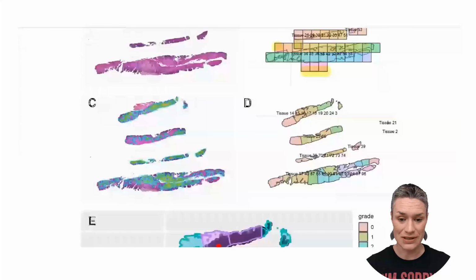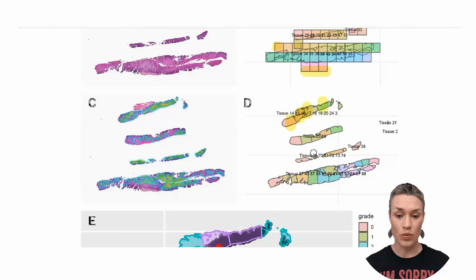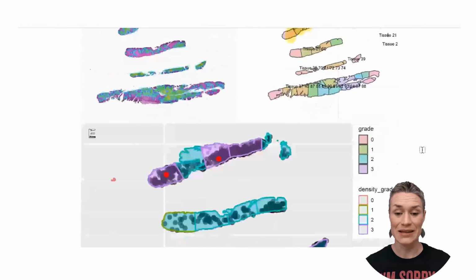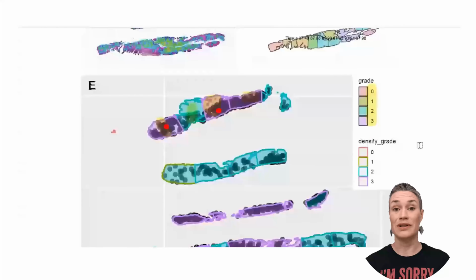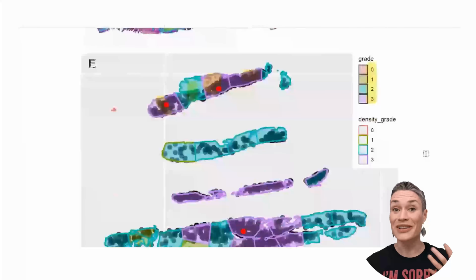So each of these have more or less the same area of 0.24 millimeters square, and they do not overlap and they do not have gaps. And then you can quantify whatever your metric is. So here the number of eosinophils in each of those fragments, right? And then you give it a grade, 0 to 3. And that's how you quantify your high power fields on a whole slide.